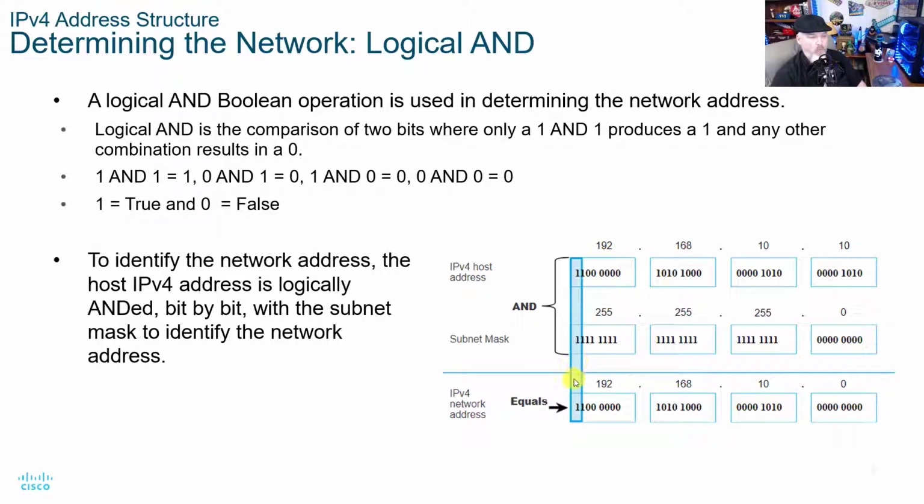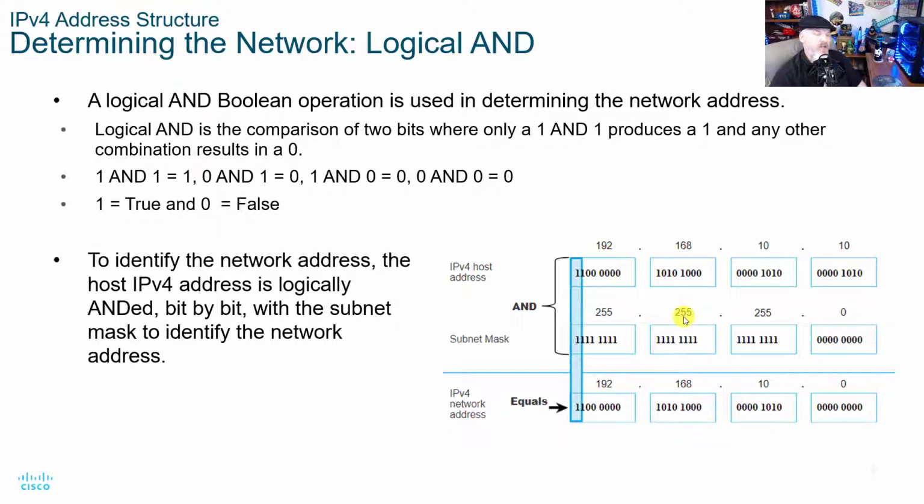So we start with 1 here, and then we get 0, 0, 0, 0, 0, and we come up with the same number, right? Because a 1 and a 1 equals a 1, a 0 and a 1 equals a 0. So what is this number? 11000000? That's a 192.